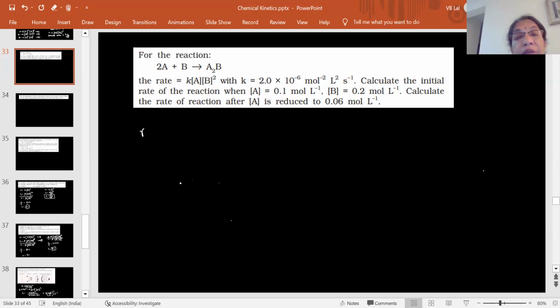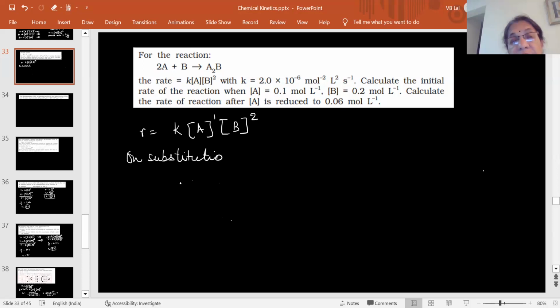The rate law is R is equal to K into concentration of A into concentration of B raised to 2. First order with respect to A, second order with respect to B, and the value of K is given. So on substitution, what do I get?